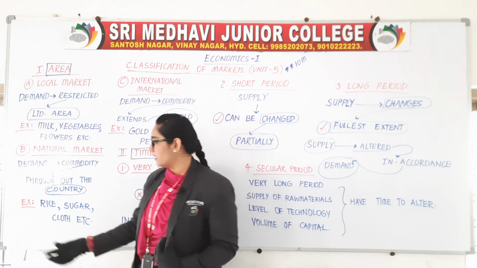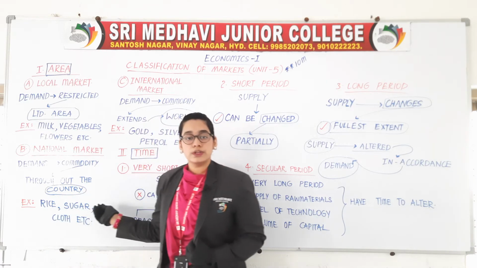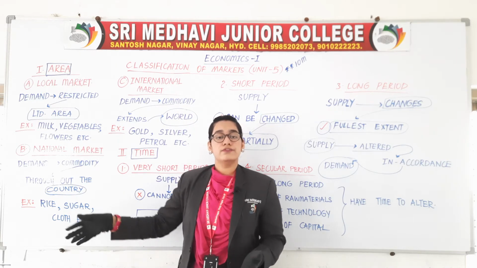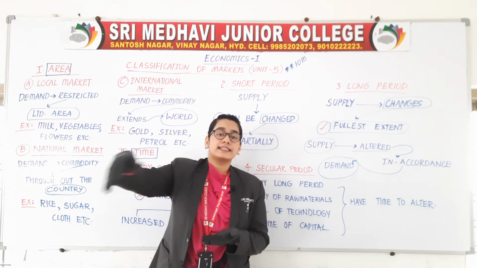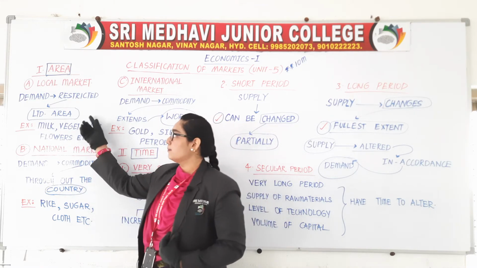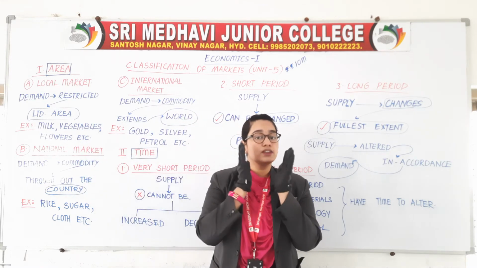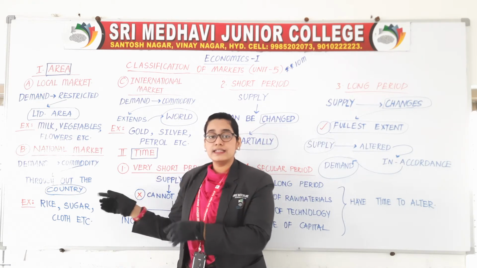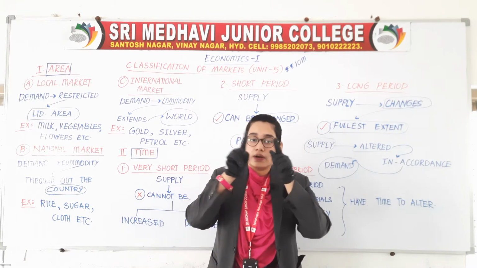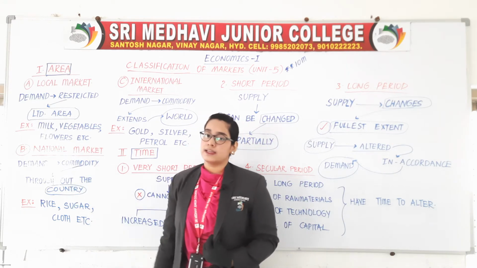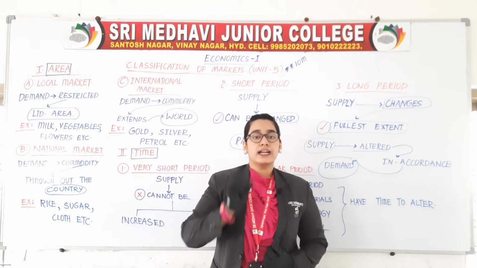For example, rice, sugar, cloth, etc. So the demand for the commodities is extended throughout the country. Local market, demand was restricted to a limited area, and now the demand extended throughout the country is known as national market. National means country level.